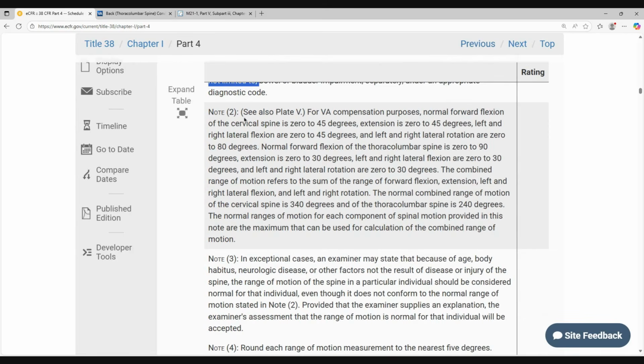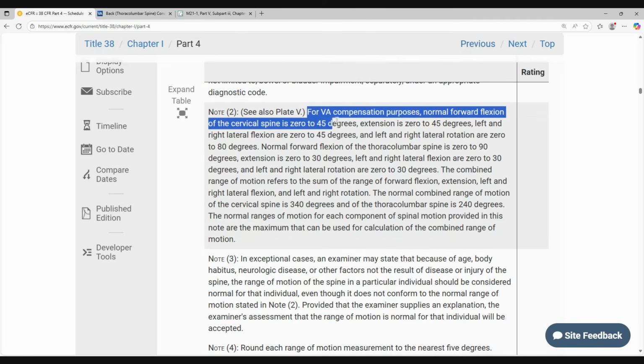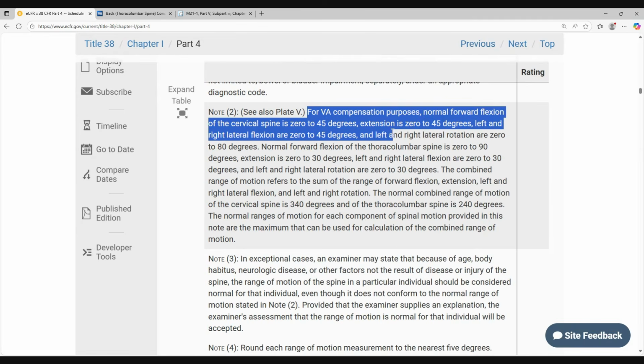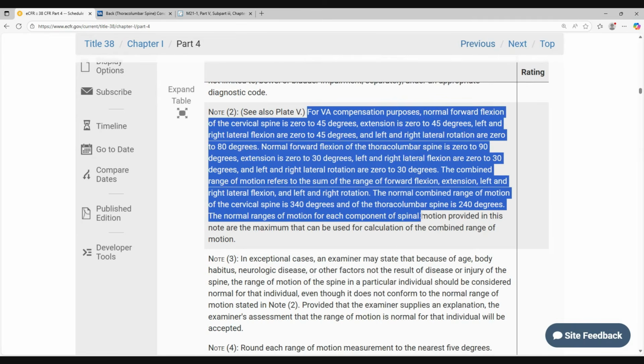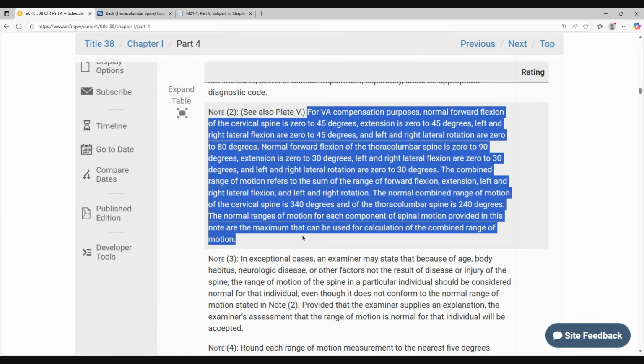Note two here is talking about, for compensation purposes, normal, what the degrees mean, right? Basically giving the rater a definition as to how to interpret the DBQ's measurements.